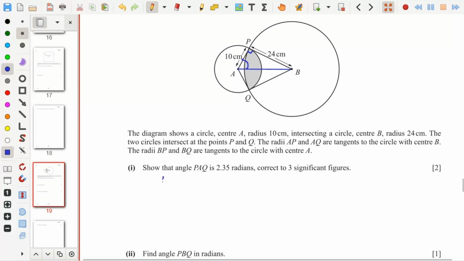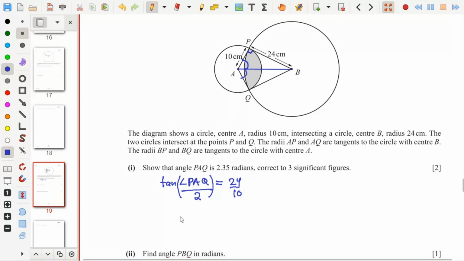I can say tan of angle PAQ is equal to 24 on 10. No? PAQ. Okay, that's half of PAQ. Okay, what I've done is half of PAQ. The entire thing will be double.